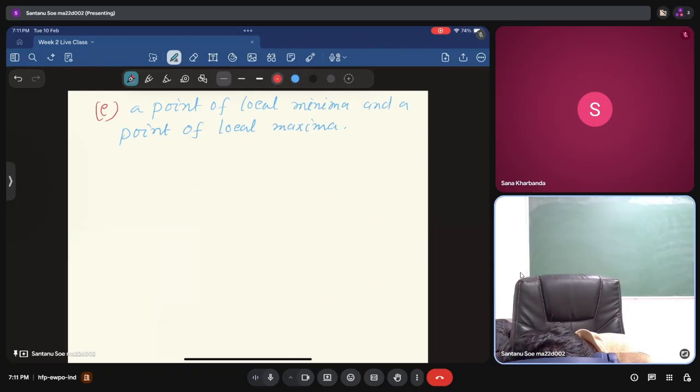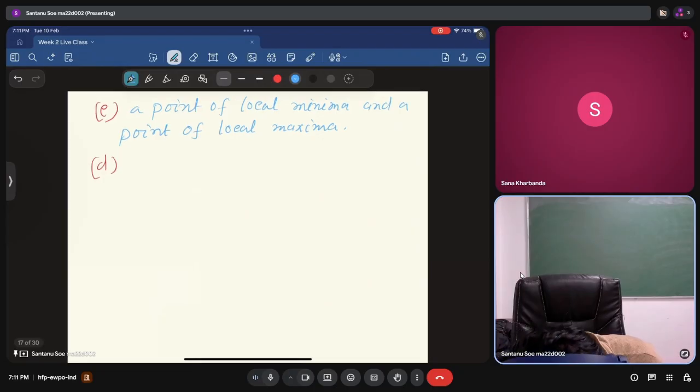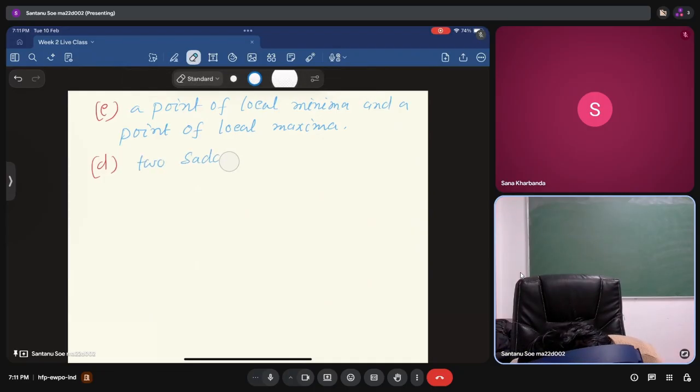And the next option is two saddle points. Okay.